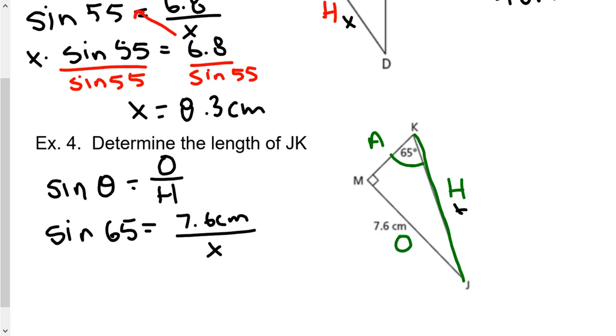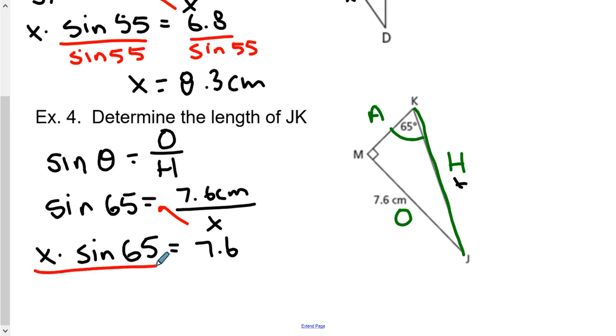Cross multiply, but that's not our last step. We have x times sine 65. I just tend to write the x out front. You could also write sine 65 times x equals 7.6. Then we divide out that whole sine of 65. I can't pull out just the 65 because it's not actually by itself.